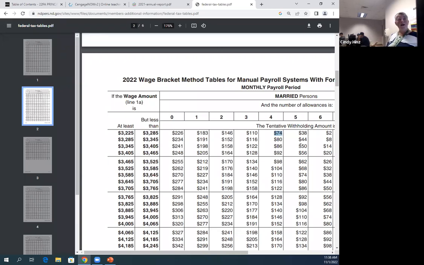You can imagine how complicated this gets if you have people who are paid, some who are paid every week, some who are paid every other week. Every single person has a different W-4, a different number of allowances, a different pay. Using these manual forms like I have on the screen right now are incredibly complicated and really easy to get wrong.